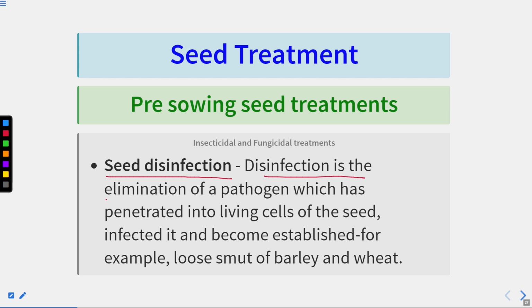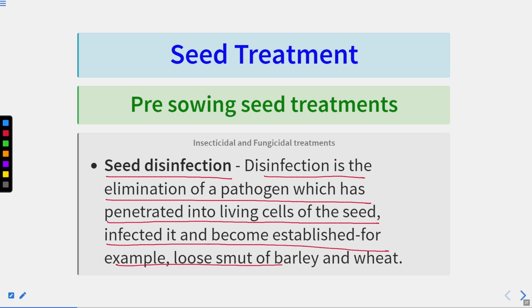Disinfection is the elimination of the pathogen which has penetrated into the living cells of the seed, infected it, and become established, for example loose smut in barley and wheat, right? Suppose this is a wheat seed, and a fungal pathogen is present inside the seed.